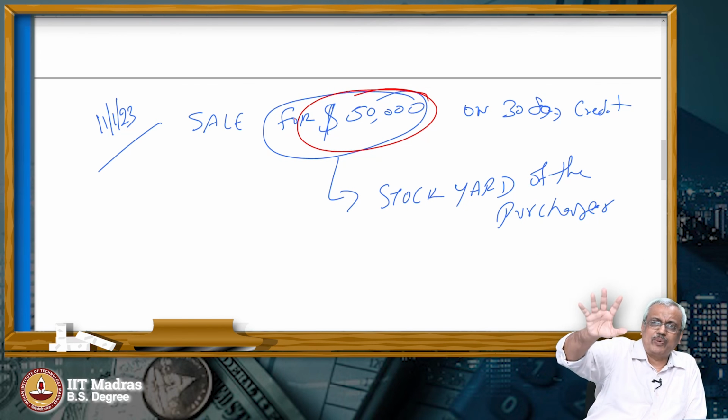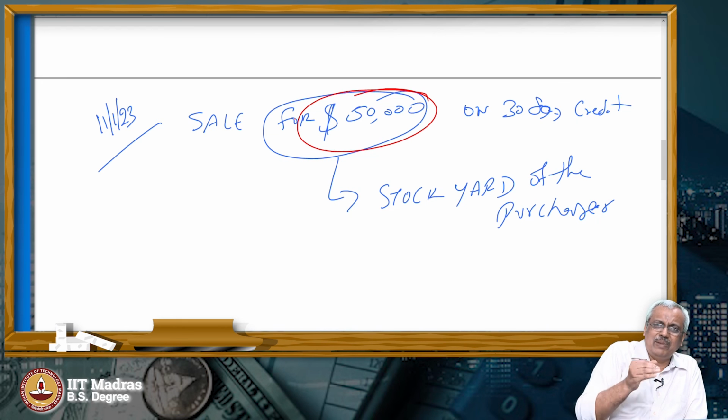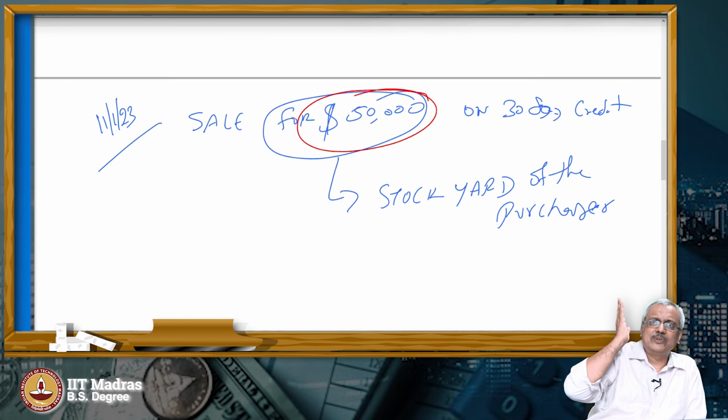We cannot say the stock is destroyed by fire, he will not pay, that is a different ball game. But he owes the money, and that money is revenue for me the minute the ownership transfers, the minute it leaves my shop floor or my stockyard, whatever you would say. The revenue has occurred because ownership has transferred.